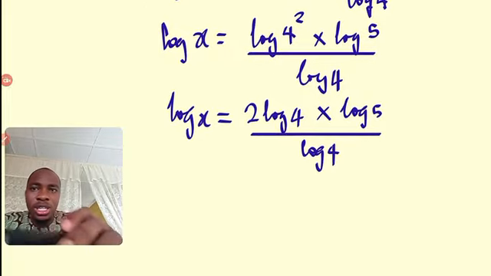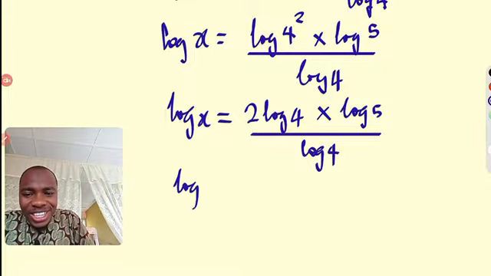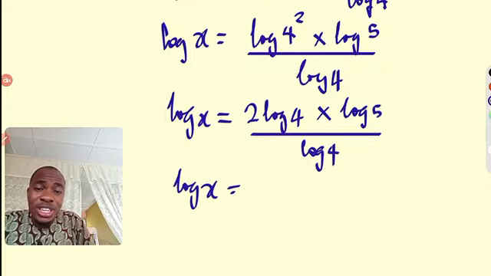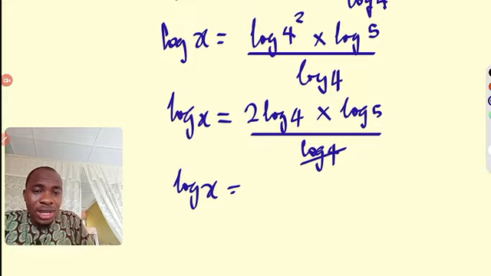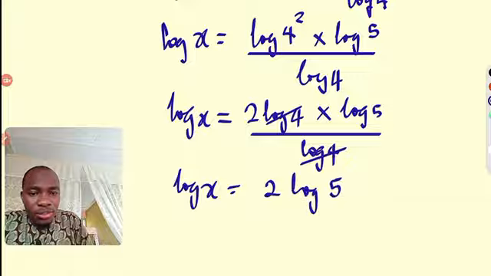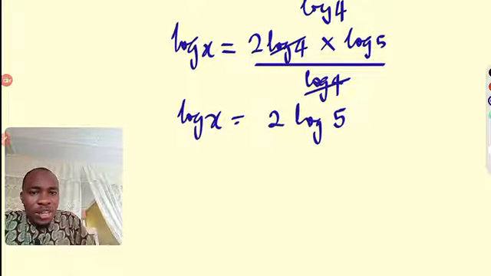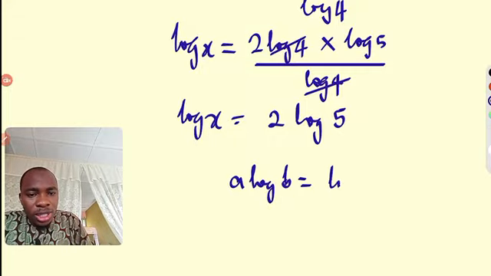So from here, log x will now equal, you see that we actually cancel the log 4. We're going to have 2 log 5. Whenever you have a log b, this can be written as log b to the power of a.